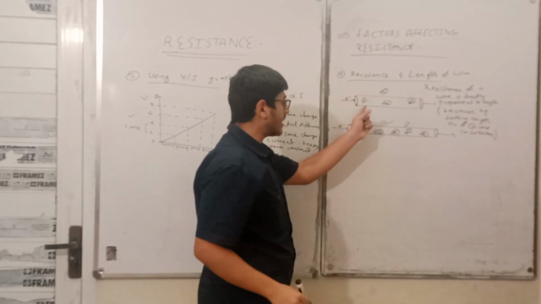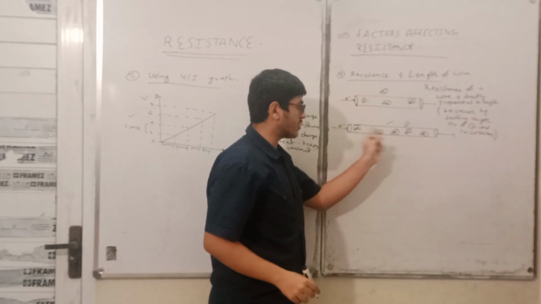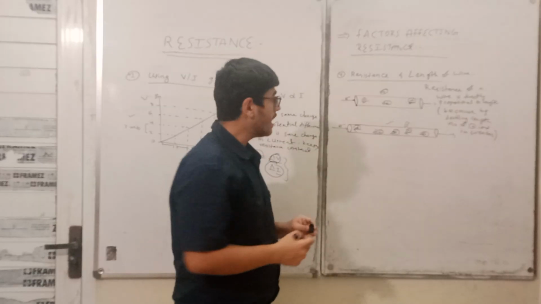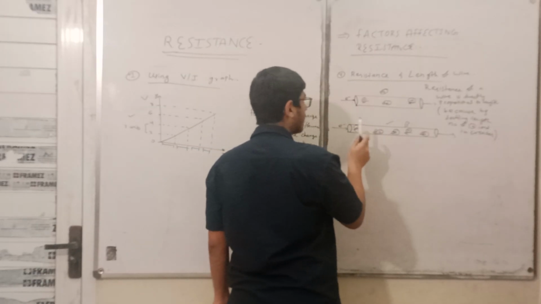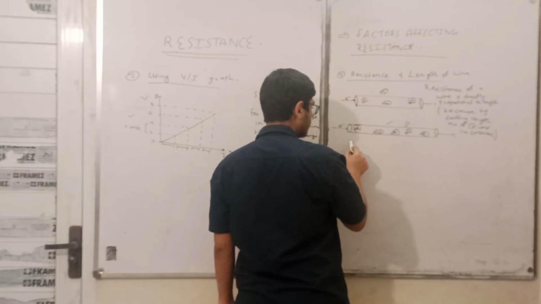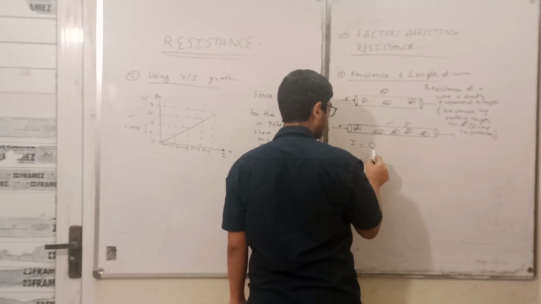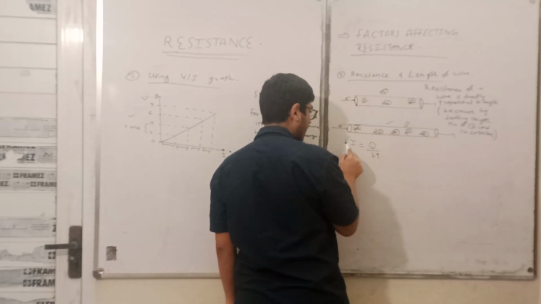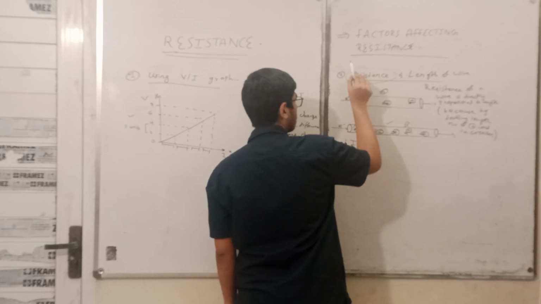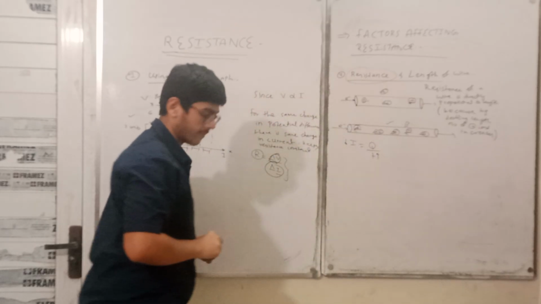Therefore, electron collides more frequently, losing more of its energy and facing more resistance, thus decreasing its speed. Hence, it takes more time to flow. Thus, as per the equation, I is equal to Q over T. Time taken increases, due to which current decreases and determining its resistance.